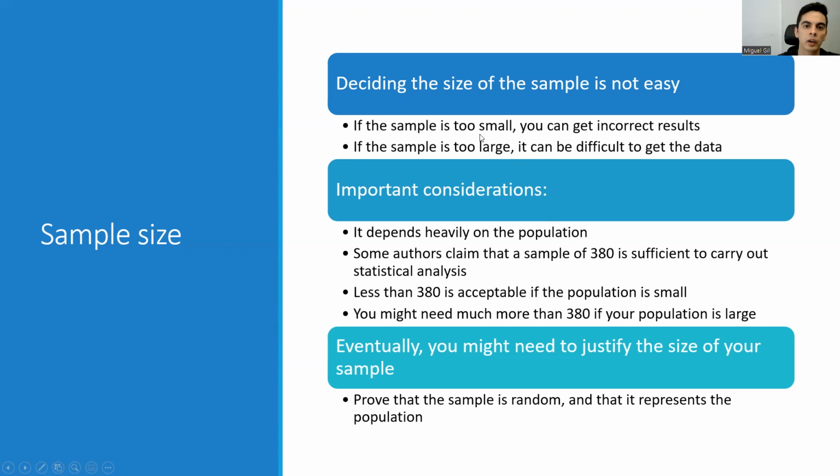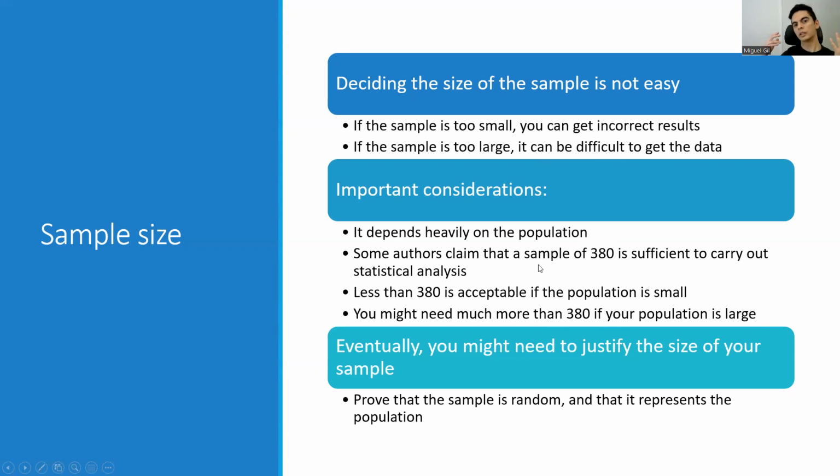So always try to make your sample as large as possible. But there are some pros and cons. If the sample is too small, you can get incorrect results. But if the sample is too large, it can be difficult to get. It can be a huge challenge, or sometimes you can even have fake observations. That's something you should be careful about.